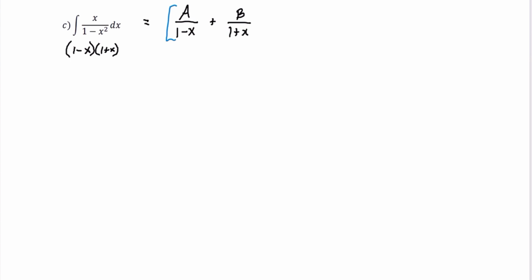Let's multiply by the LCD. That is 1 minus x times 1 plus x. We need to make sure we do that on both sides. And when we multiply on the left side, notice the LCD and the denominator cancel, leaving us with just the numerator, which is x.